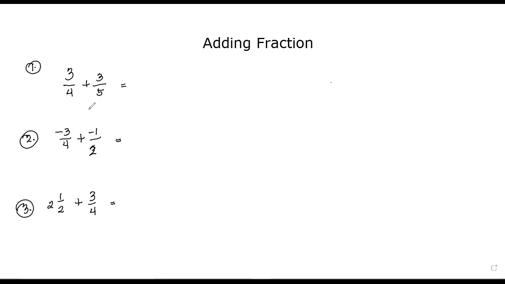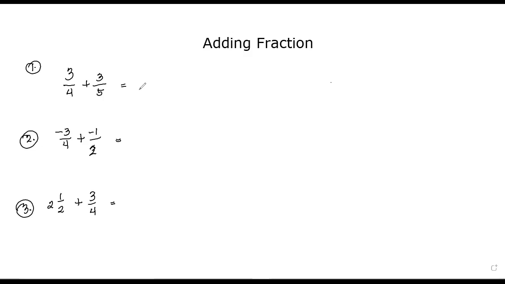So what do you think will be the number? We can divide them by 20, right? Because 20 is divisible by 4, and also 20 is divisible by 5, right? So the LCD of the number is 20.